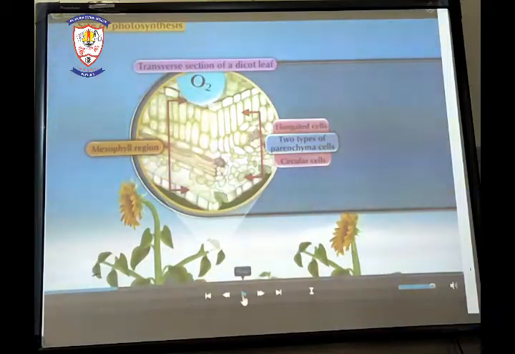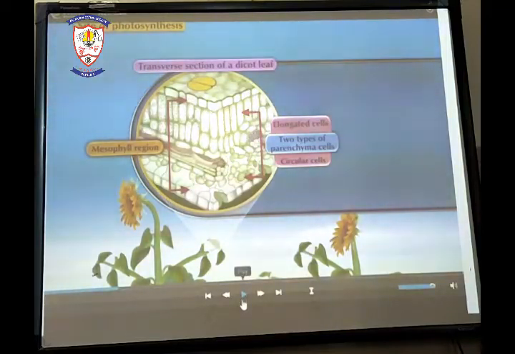They will be in the mesophyll region, and we can observe them under the microscope. Some cells you will find in elongated shape and some in circular shape.